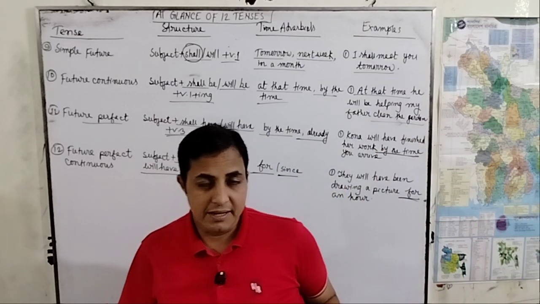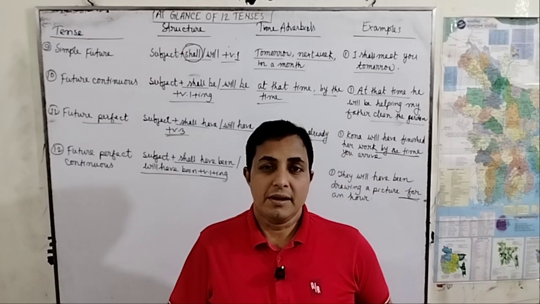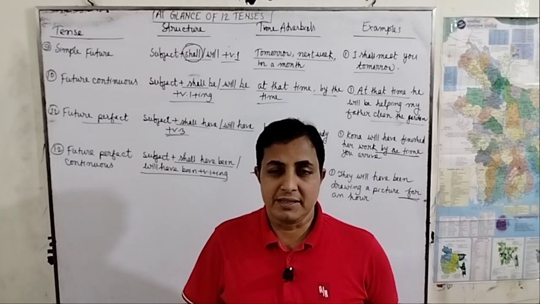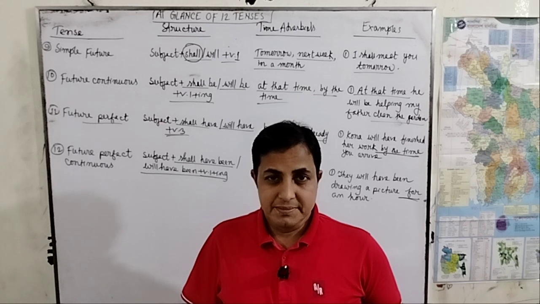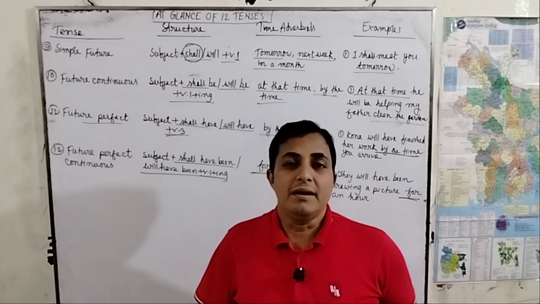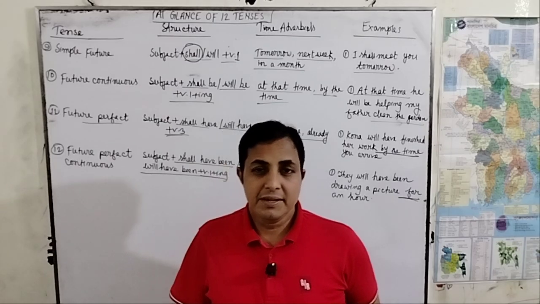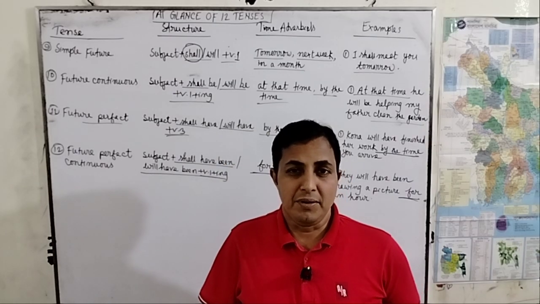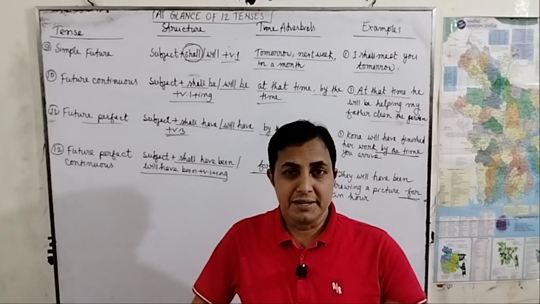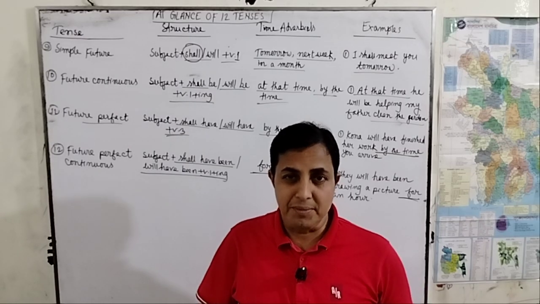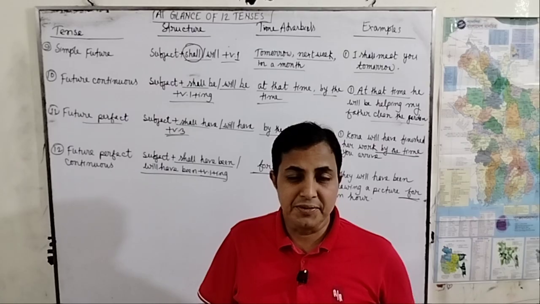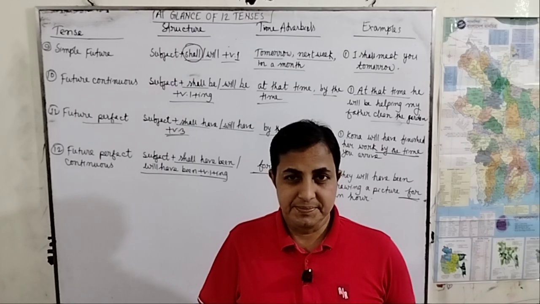Dear learners, now I am going to conclude the session. Before concluding, I am telling you some similarities and dissimilarities. Of the 12 tenses, only 2 tenses do not take an auxiliary verb in the affirmative: present indefinite and past indefinite.